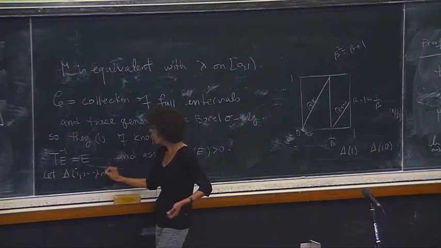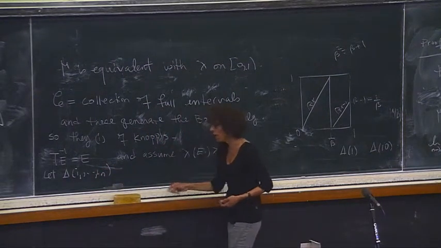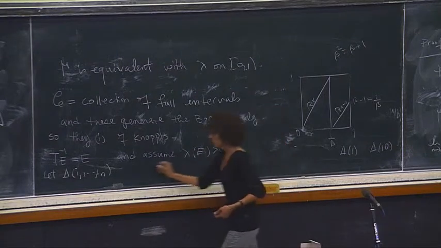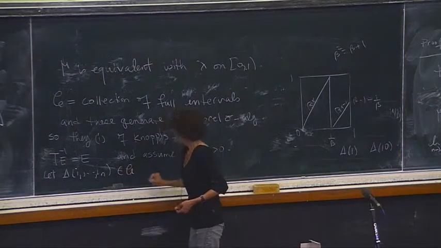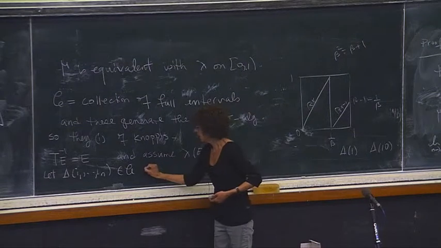These are all points whose beta expansion starts with i_1 up to i_n. Because it's full, let me make some remarks.